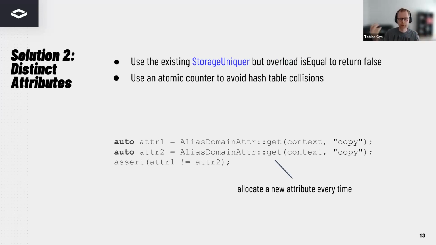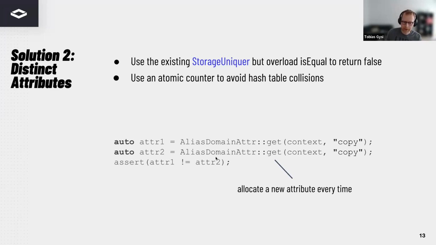So if it gets two attributes, it compares them using a key, and we can overload or change this method to return false for a distinct attribute. Now this would be sort of suboptimal. So in the prototype we also have an atomic counter in the context that basically produces a new integer value for every distinct attribute we get to avoid hash table collisions.